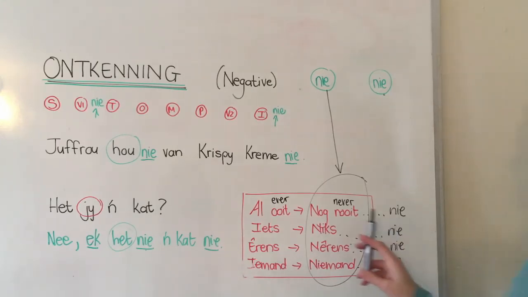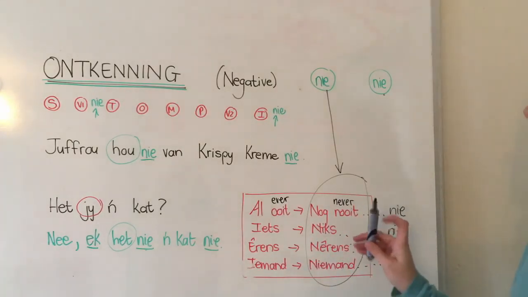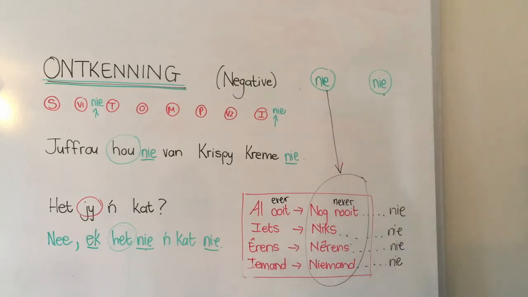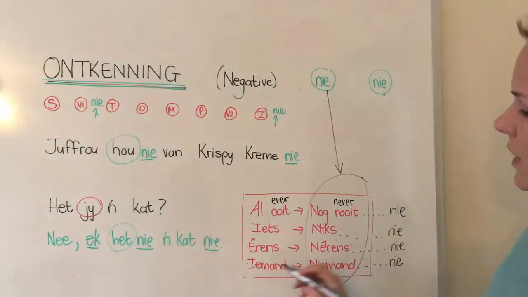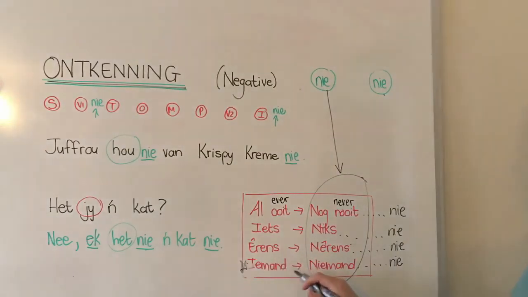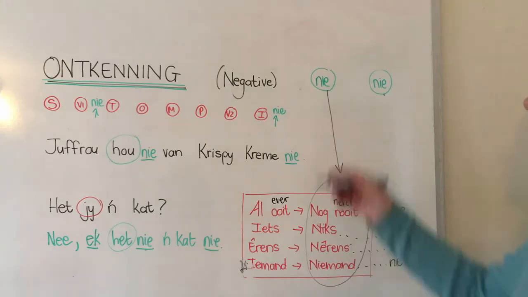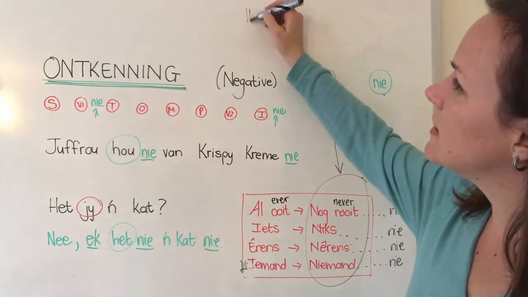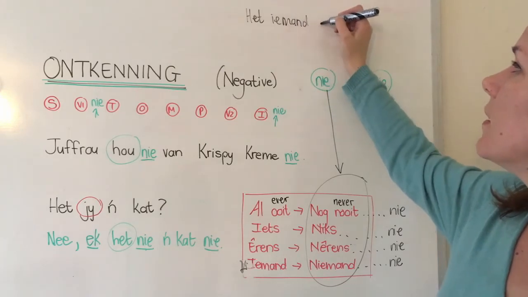Okay, I will not say niks nie, something something nie. This replaces the first nie. So let me just quickly do an example with you. If we use this last one here, iemand becomes niemand, means somebody becomes nobody. Let's say my sentence is, het iemand geval?